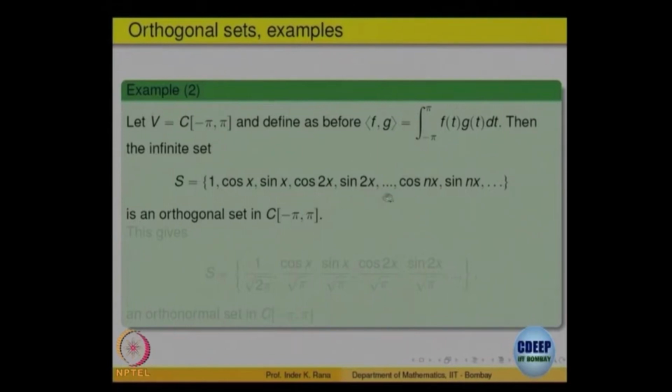So, any two of them are orthogonal to each other, and the integral of the modulus squared is not equal to 0. So, this set is an orthogonal set in the space of continuous functions.